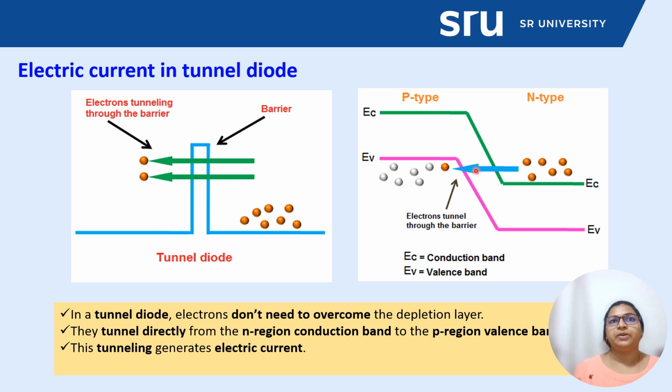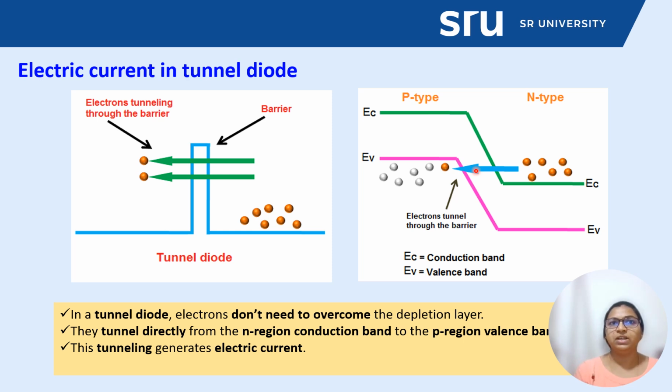And we know that quantum mechanics tells us that the electron will directly penetrate through the depletion layer or barrier if the depletion width is very small.